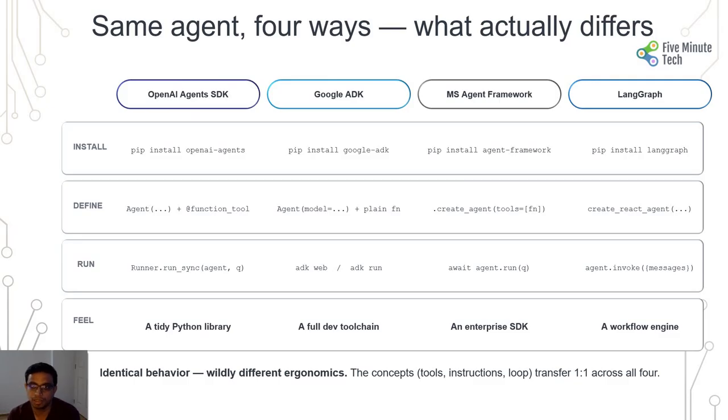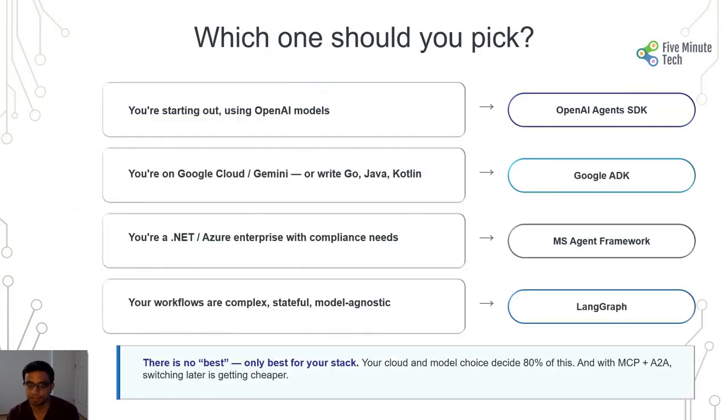The feel is a more tidy Python library in OpenAI agents, whereas it's a full dev toolchain in Google ADK, along with an enterprise SDK for MS Agent Framework, whereas for LangGraph it is like a workflow engine. The identical behavior but wildly different ergonomics, as we saw. The concepts, the tools, the instructions and loops transfer one-to-one across all four frameworks.